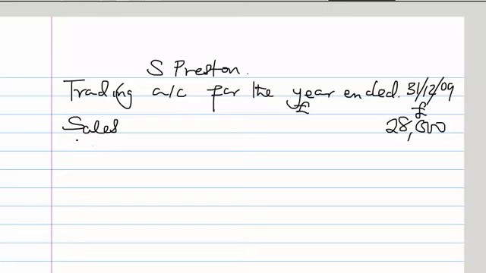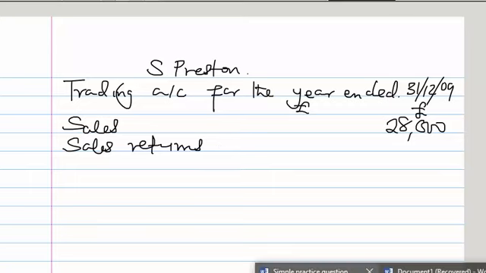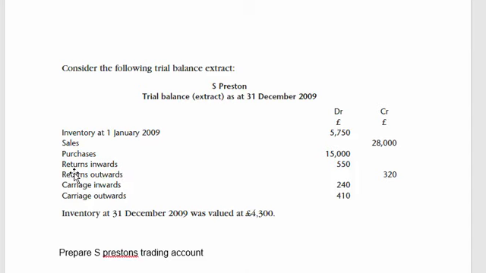Then it's not always that when our customers buy goods, they are going to be satisfied. Some of those goods may be returned, and so you may have what is known as sales returns or returns inwards. So sales returns are also known as returns inwards. If you look at our question, we had returns inwards of 550.